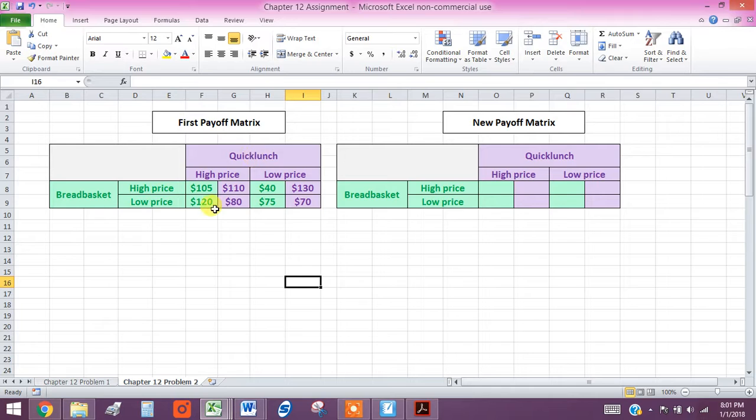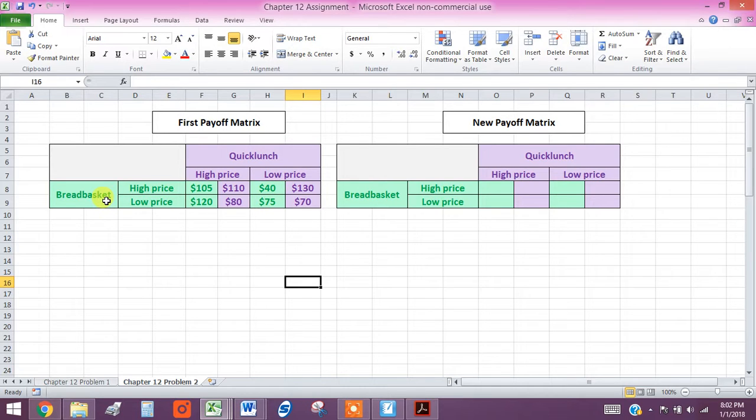When Bread Basket makes their choice, they're looking at whether they're better off than with the other choice, no matter what Quick Lunch does. So if Bread Basket goes low, they're better off if Quick Lunch goes high, because 120 is higher than 105, and they're better off if Quick Lunch goes low, because 75 is better than 40.